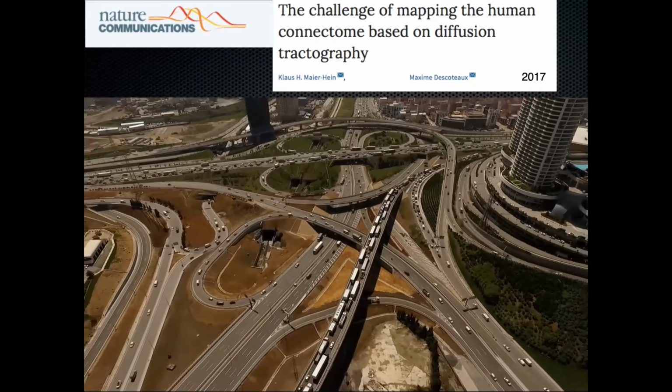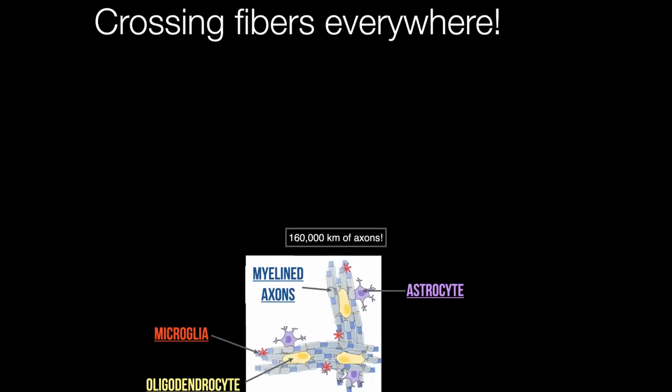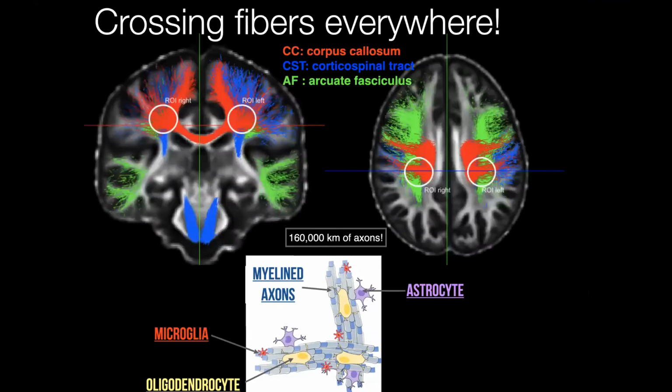Why is it so hard? A key reason is that it's full of crossing fibers everywhere. You have to imagine these 100,000 miles of axons packed into a brain, so there are numerous regions of crossing fibers: two-way crossing, three-way crossing.